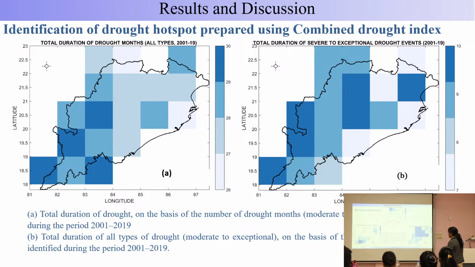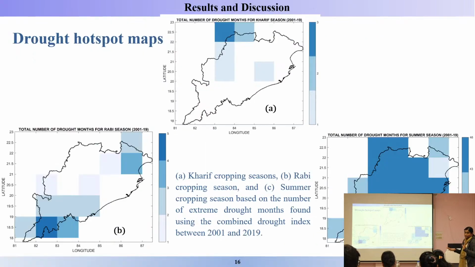Then similarly, drought hotspot maps. What we did for the whole of Odisha for the entire 20 years, now we are looking at seasonally. That means for the Kharif season, for the Rabi season, whether this pattern is uniform or changing. In the images you can see the Kharif season, then the Rabi season and the summer season.